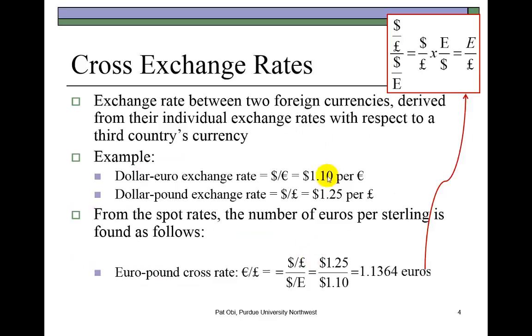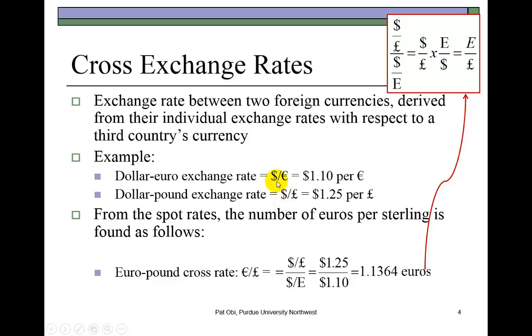Now, a cross exchange rate is a case where you infer the exchange rate between two foreign currencies, say, for example, euro and pound sterling, from their individual exchange rates with respect to the US currency or some underlying currency.